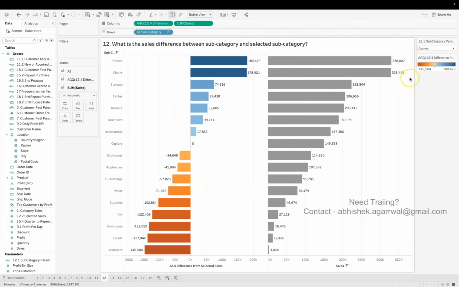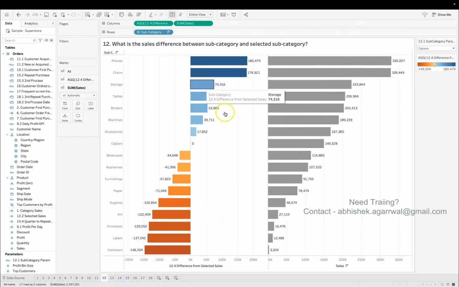So 12.1, 12.2, 12.3. Similarly, many other calculations, if you see, are hierarchical calculations. So for easy usage, and so you can follow these examples easily, the number in the calculation is attached to the question or the sheet number. So with that, I hope you will enjoy this question.